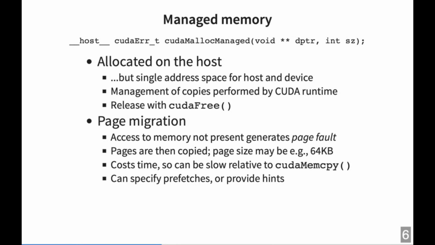So if you're on the GPU, say, and you make an access to an address which the CUDA runtime believes it hasn't got up to date, it generates a page fault, so-called, and this then initializes a copy of the relevant data from host to device.